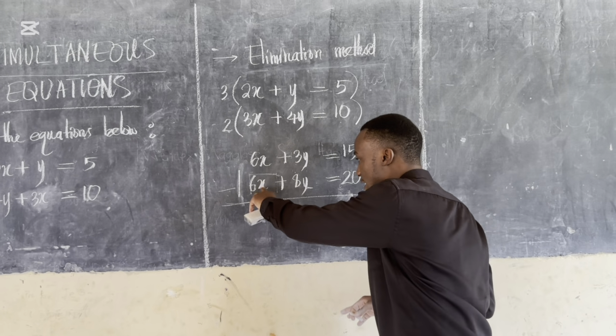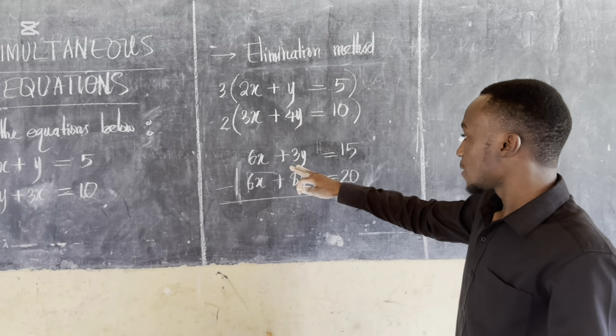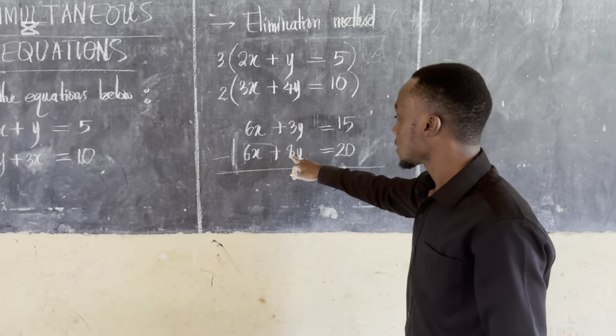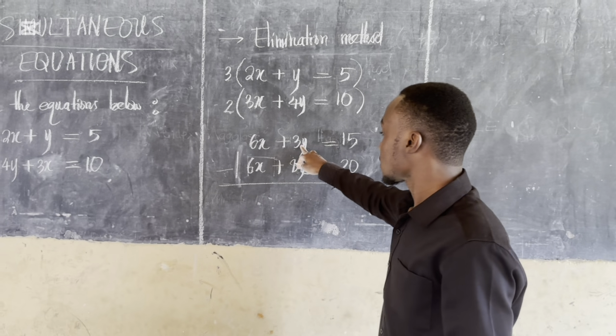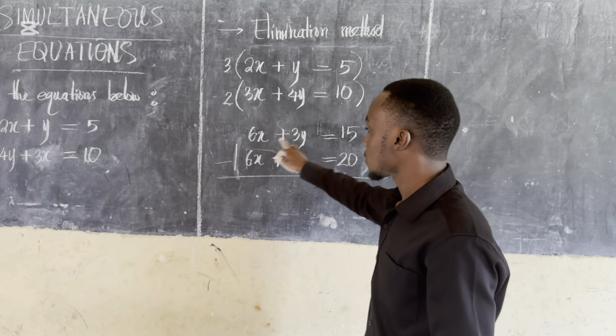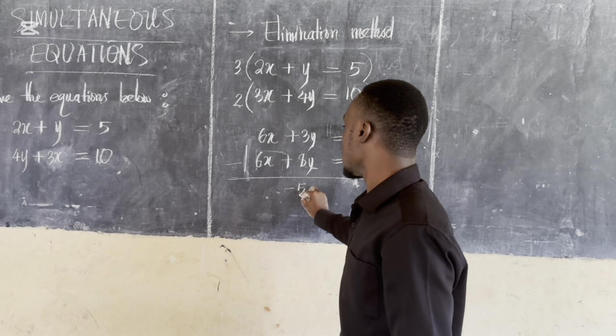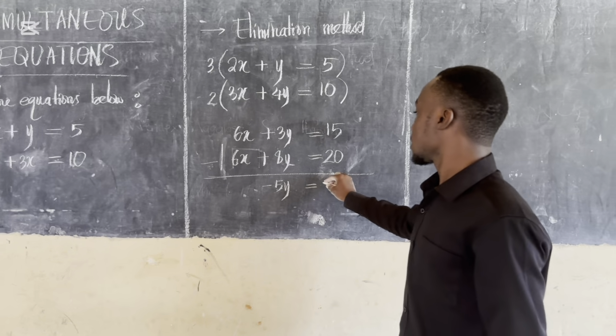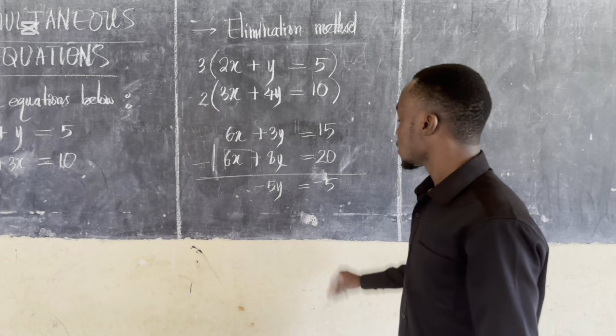I'm eliminating the x terms, and at the end I will be left with 3y minus 8y, a small quantity minus a big one, which gives us a negative. So this is negative 5y equal to 15 minus 20, which gives us negative 5.